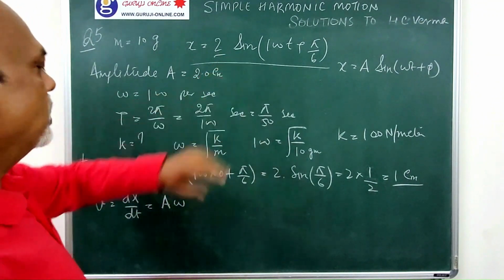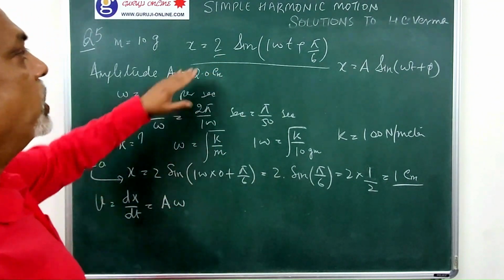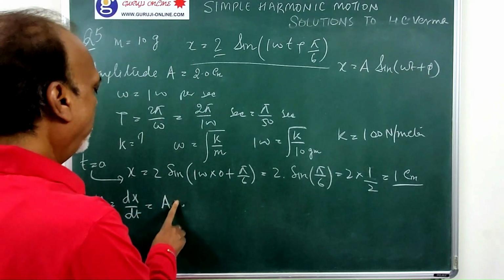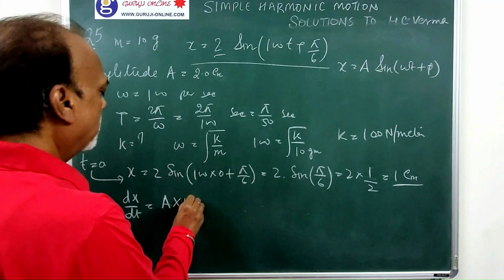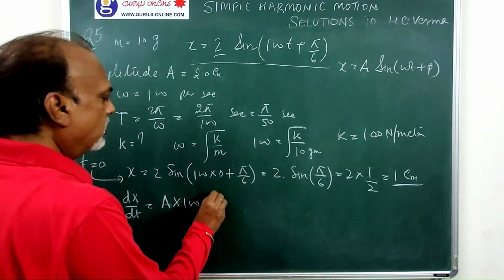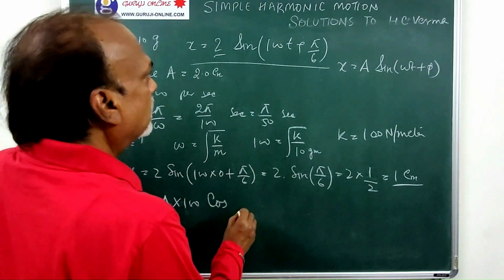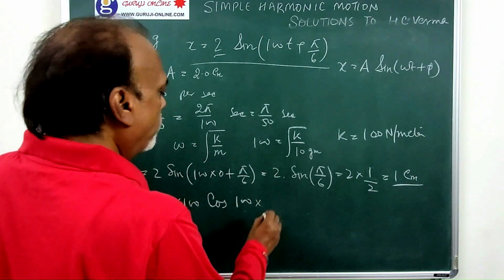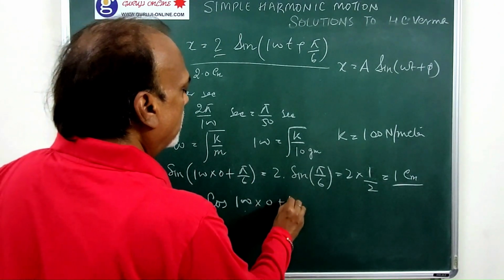We have to differentiate this equation. So this will be A omega, or A into 100 you can say. Then sine will become cos of 100 into t, t is of course 0, plus pi by 6.